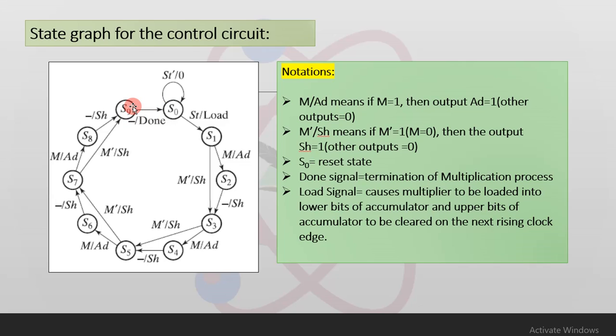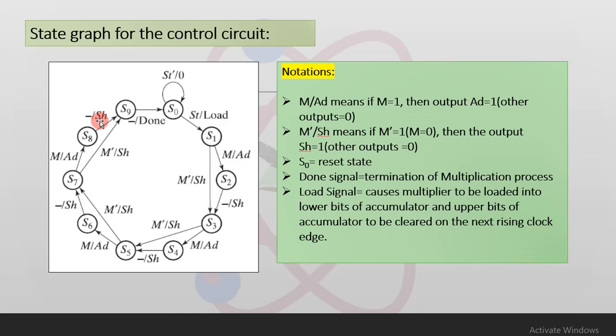One of the important things that we need to note here is that the done signal cannot be turned on in state S7 or S8 because the last shift does not occur until the next active clock edge occurs. The last shift occurs at the same time the transition to the state S9 occurs. The control signal SH enables the shifting to occur at the next rising edge, but it does not cause the shifting to occur.